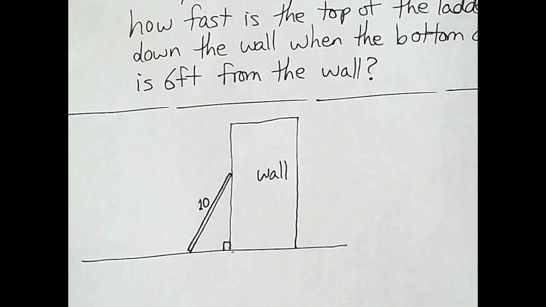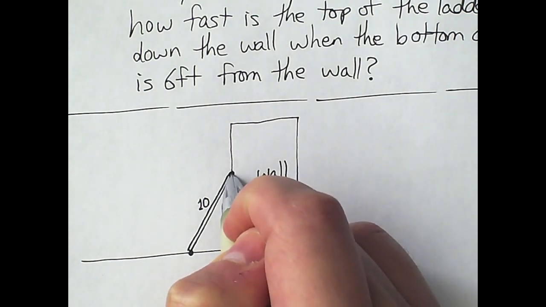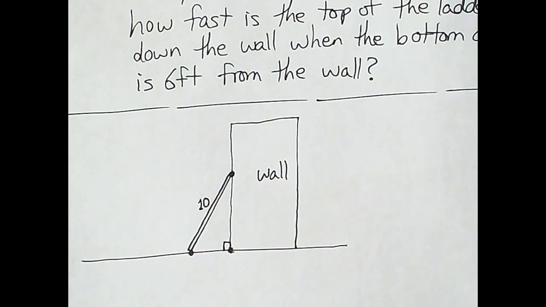I think we probably should give these side lengths a name, the lengths of the sides of this right triangle. The hypotenuse is already labeled 10. What about the other sides? What do you want to call them? The bottom and then the side one here?